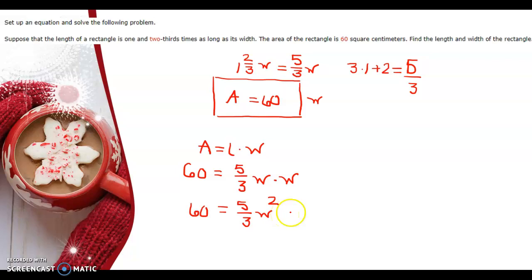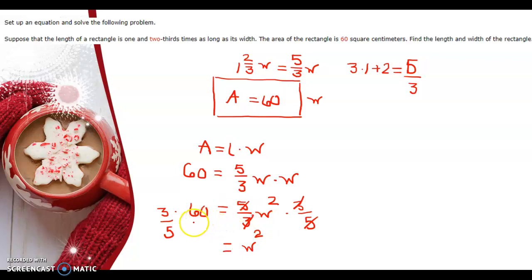You undo multiplication by dividing, but dividing by a fraction is the same as multiplying by its reciprocal. And that makes 3/3 cancel and 5/5 cancel, and we have just W squared on the right-hand side.